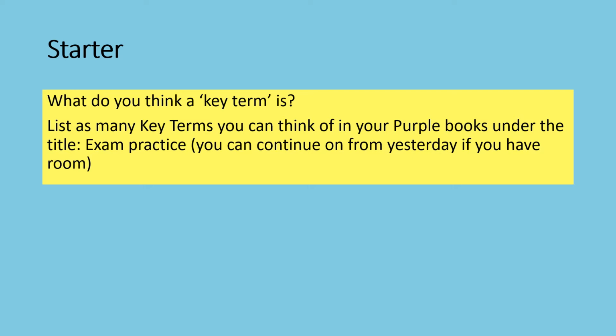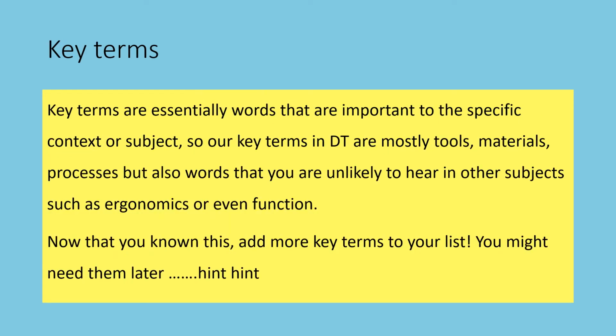Key term. So, a key term is essentially words that are important to either a specific task or project or to the subject itself. So for example, in DT, materials are key terms.